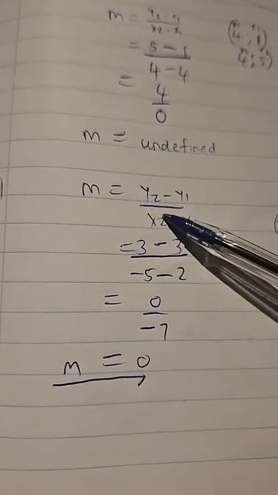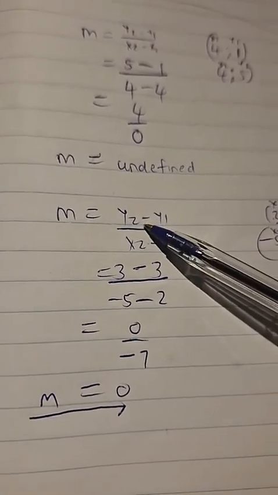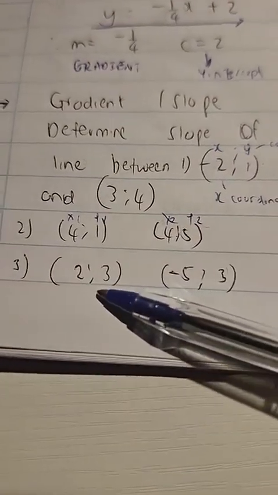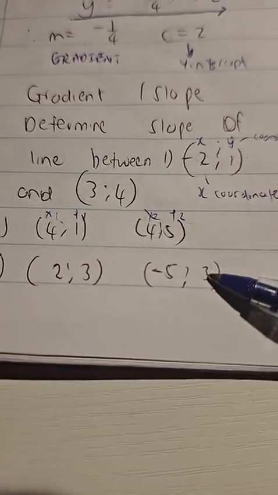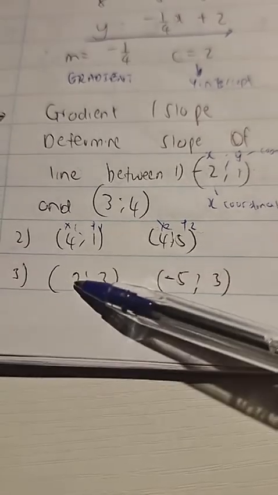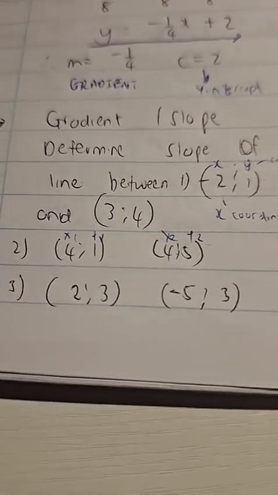M is equal to y2 minus y1. Let's look at the next point here. The last concluding point here, we have 2 and 3 minus 5 and 3. So when we are looking at 2 and 3 and minus 5 and 3, what do you notice about these points?